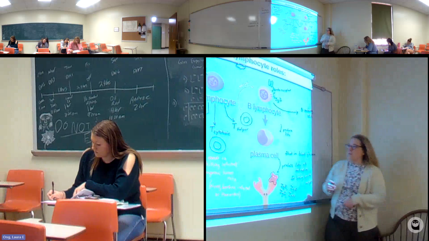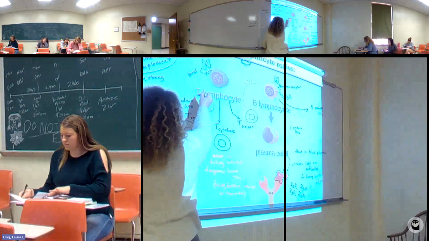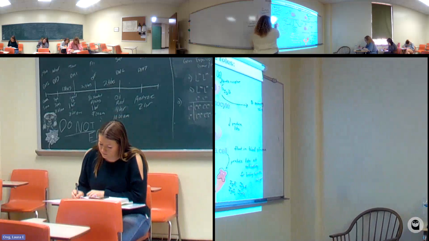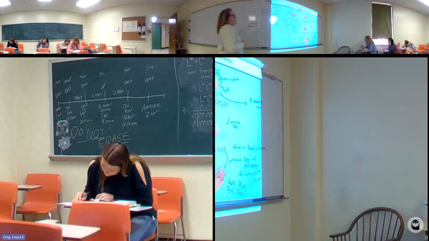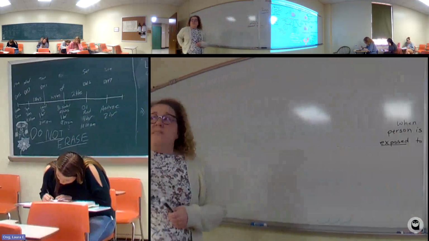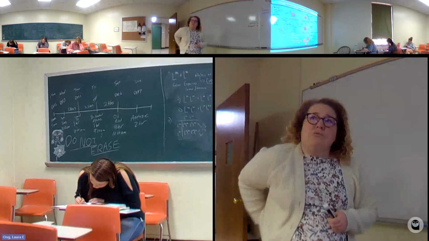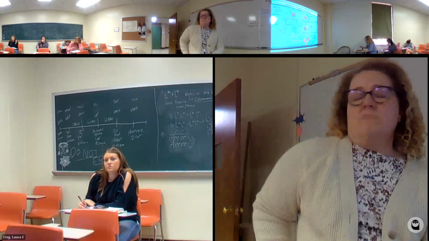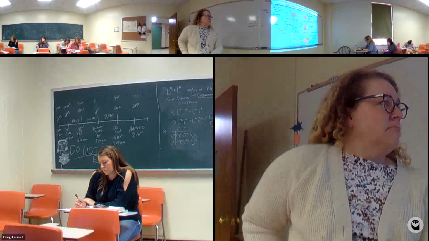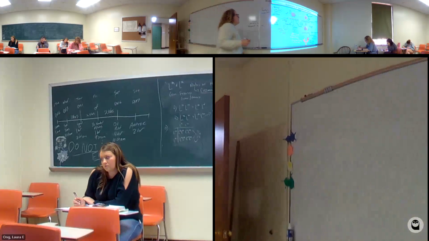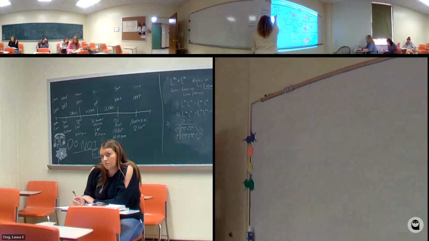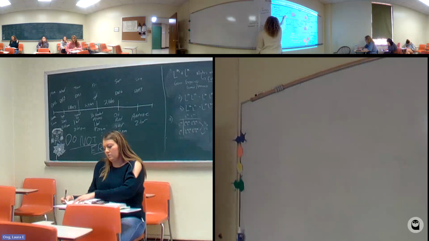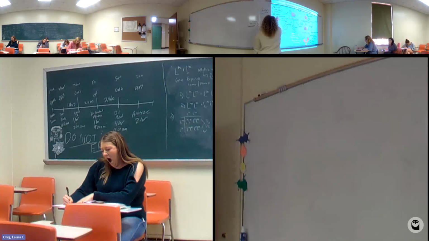So there are B memory cells, and there are also T memory cells. And the memory cells are quite special. We're going to write some separate things about those in a few minutes. So by making those memory cells, that's what it's going to give us, immunological memory.